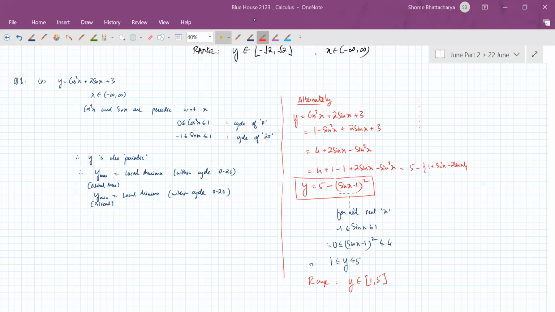What are the critical points you are getting? Sir, where y prime is 0, at x equals pi by 2 and 3 pi by 2. When you substitute those values, you will get 1 and 5.